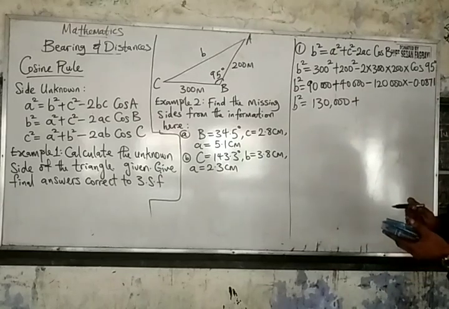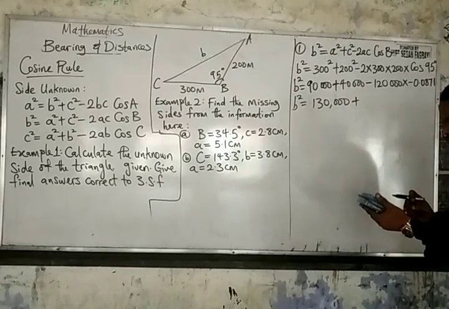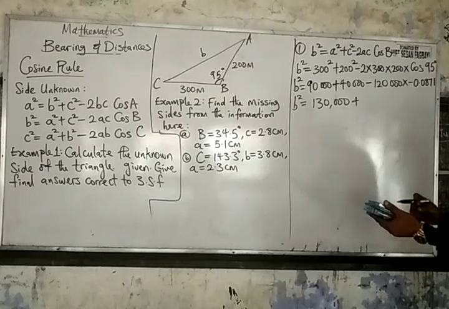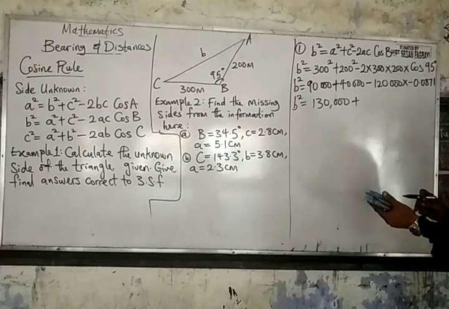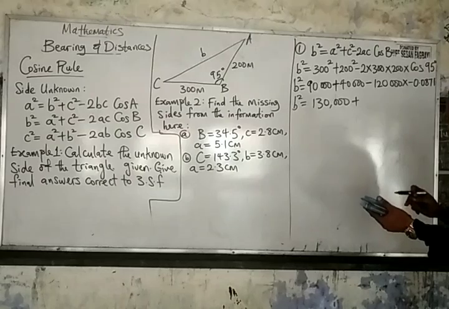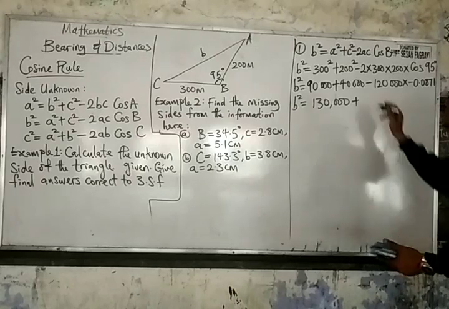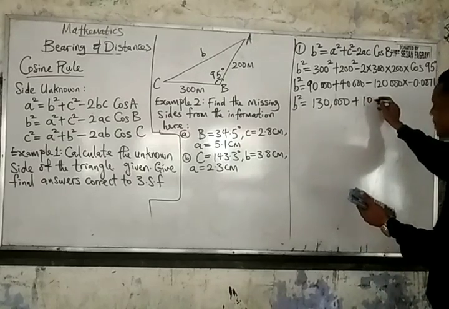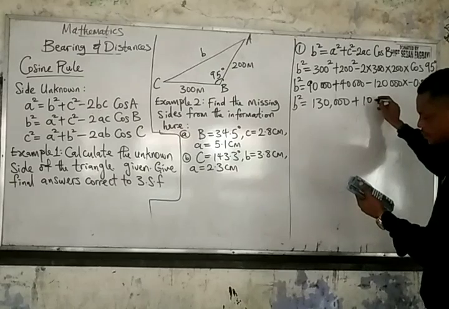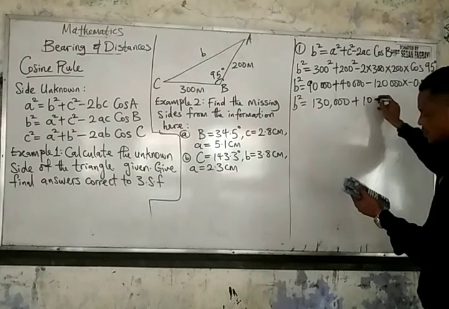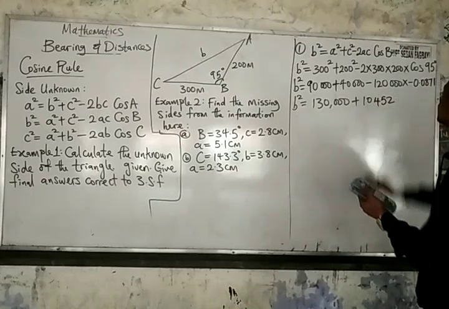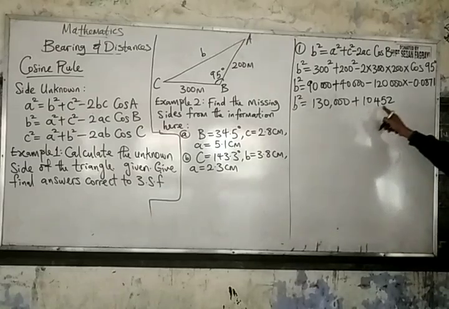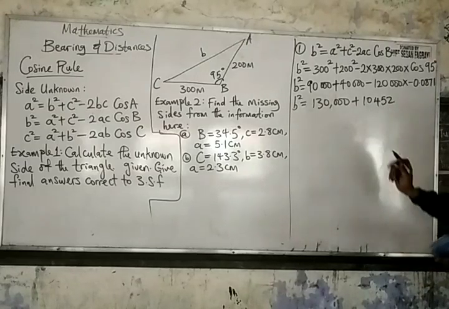So let's see what that will give us. 120,000 multiplied by 0.0871 gives 10,452.